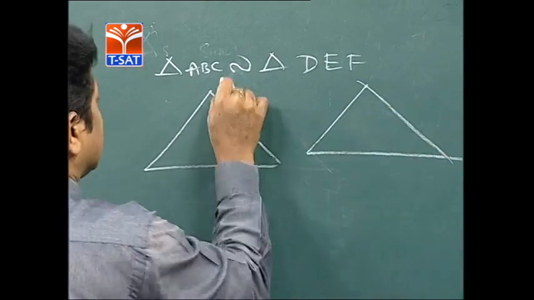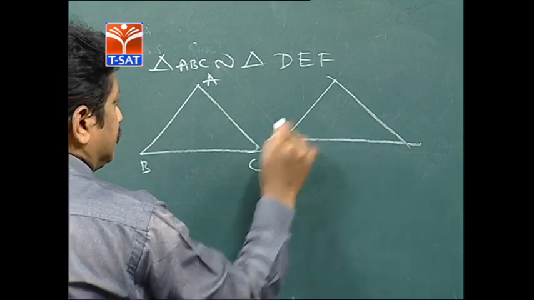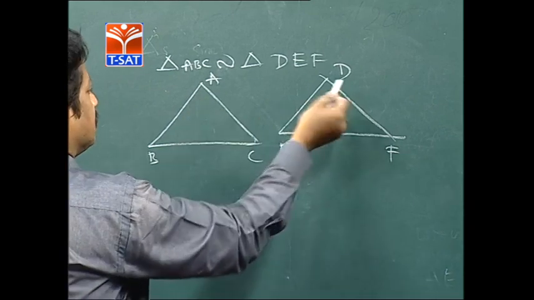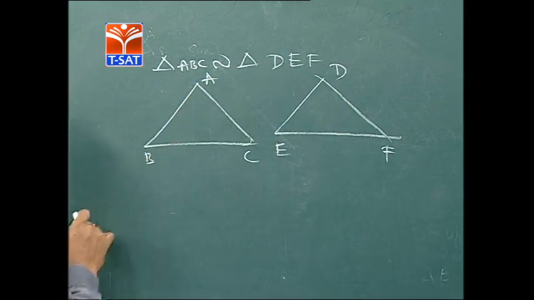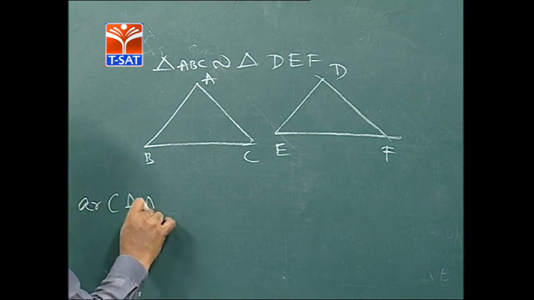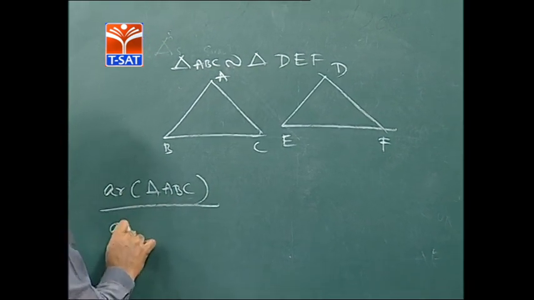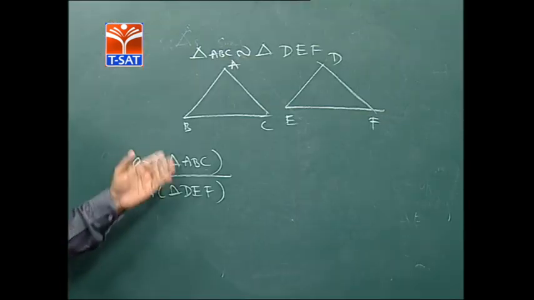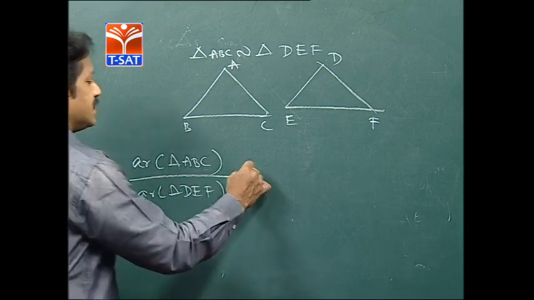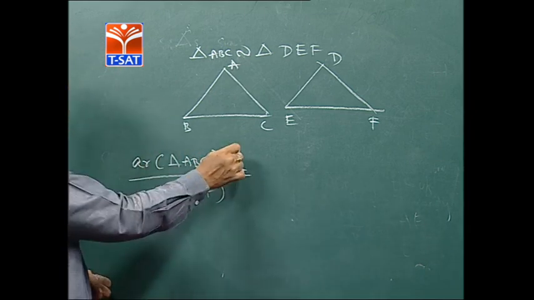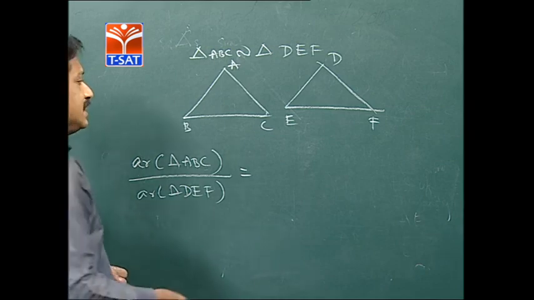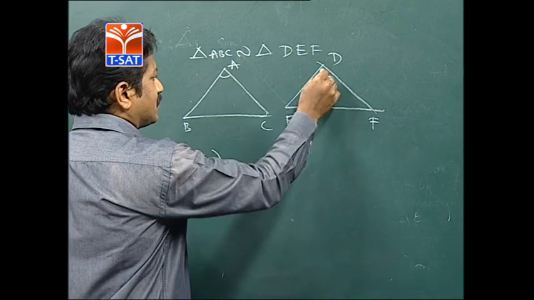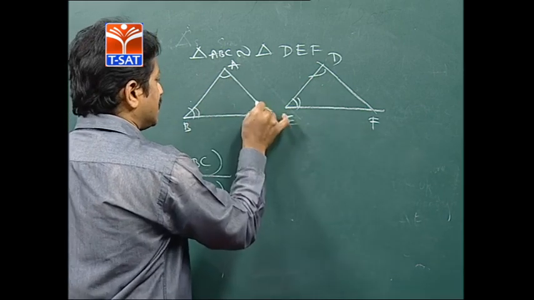Here, when you take the area of triangle ABC by the area of triangle DEF, the ratio of areas of similar triangles is equal to the ratio of the squares of corresponding sides, you can take any one, because A equals D, B equals E and C equals F.